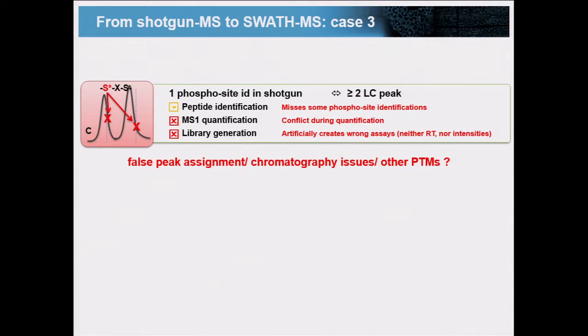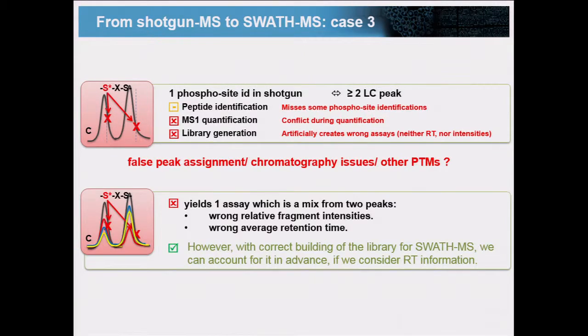If it falls in the same window, as you've seen in previous talks, we could, by not paying attention, have a set of transitions that we use to extract, and they are common to two types of modified peptides. They fall in the same window, and then we extract two peaks that actually at an MS1 level would have different masses. And this is why it is very useful to do also the MS1 scans.